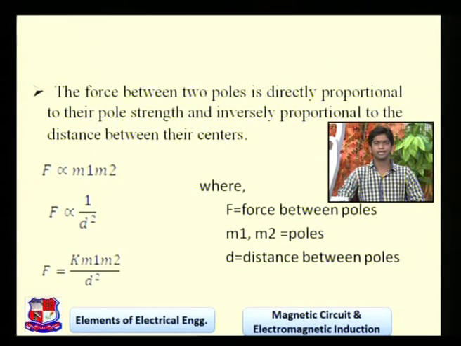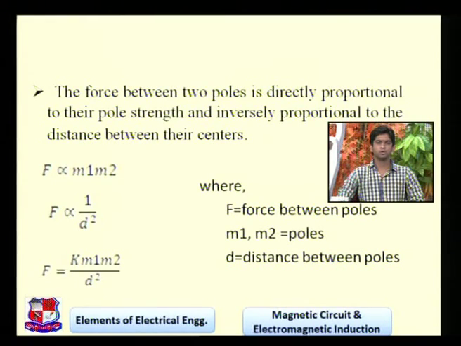Same in the magnetic field, the force between two poles is directly proportional to the product M1 and M2, where M1 and M2 are the poles. D is the distance between the poles, so that the force between the poles is inversely proportional to the square of the distance between two poles.